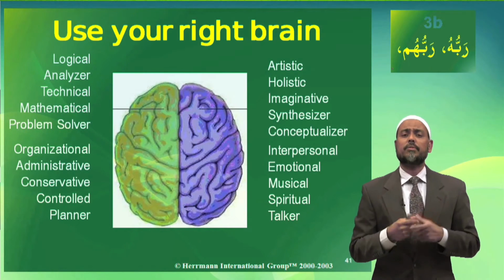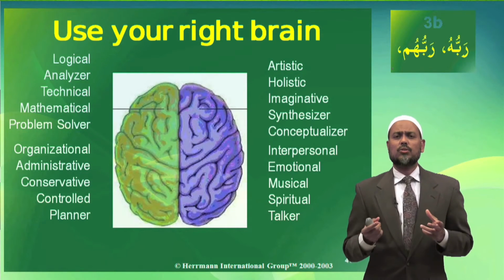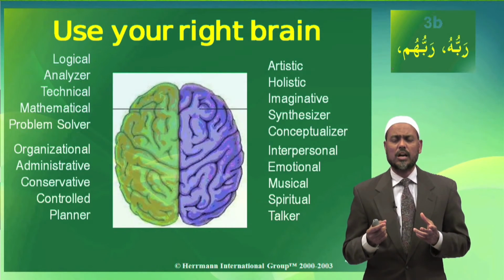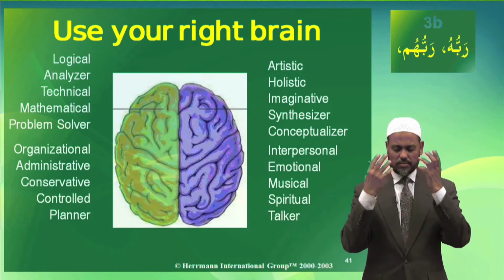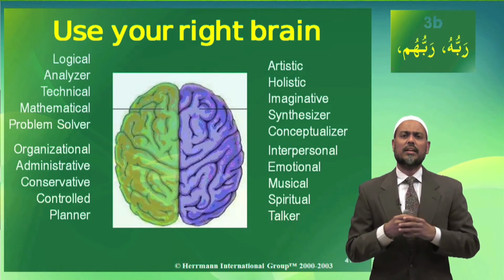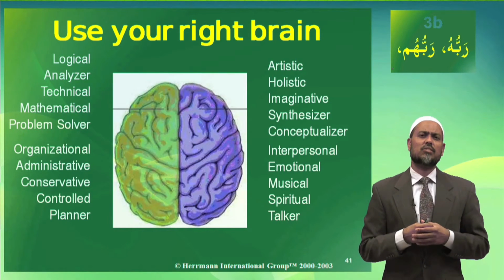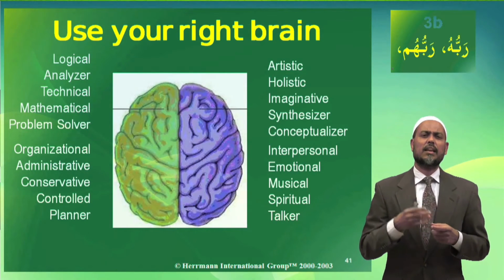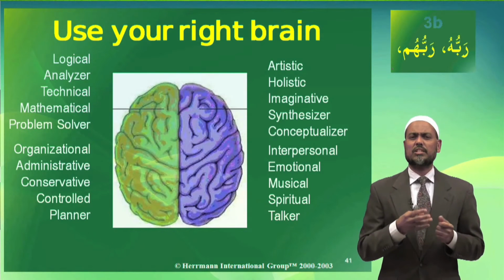According to our latest research, our brain is divided into 2 parts, and more parts in fact, but right now we focus on the simple classification. The left part is logical, technical, mathematical, organizational, administrative.